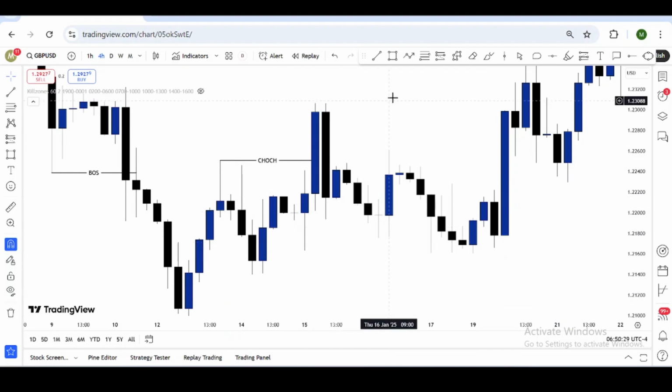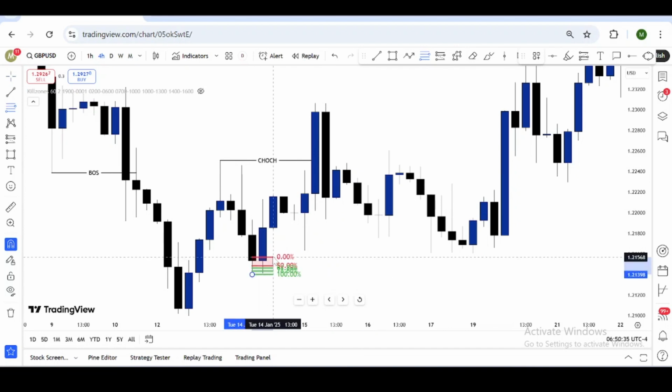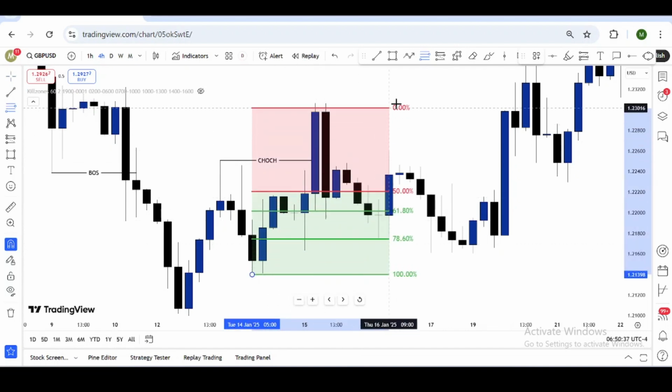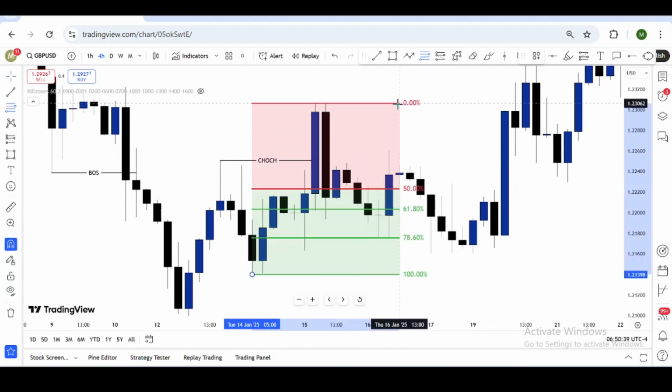Now let me bring in my fib and draw from the beginning of the swing to the end like this. From this 50% down is where you want to look for your fair value gap.